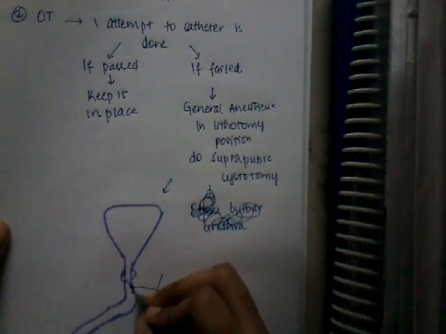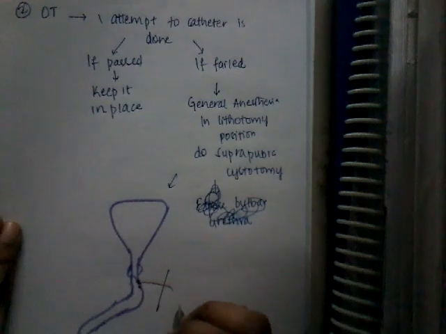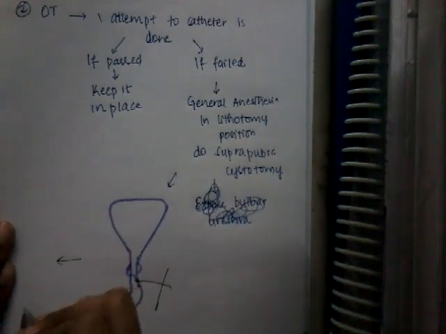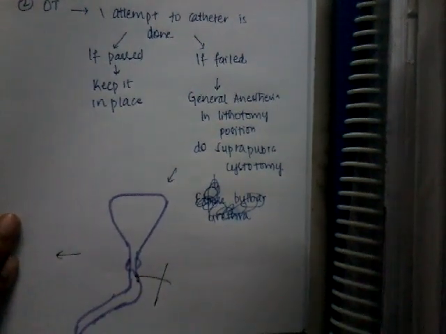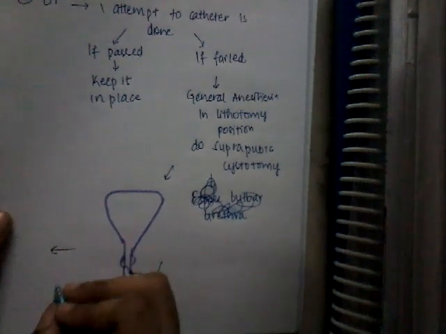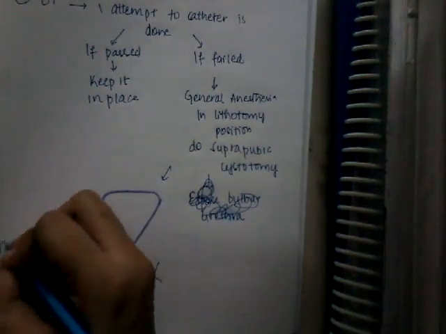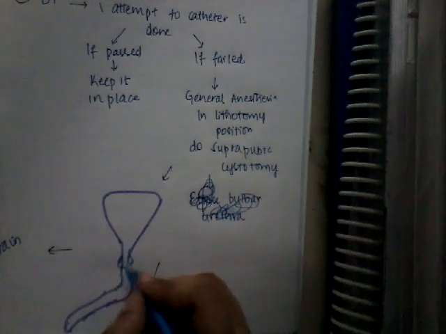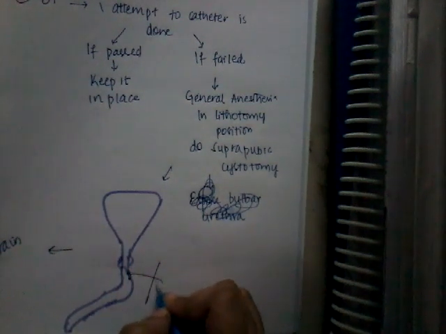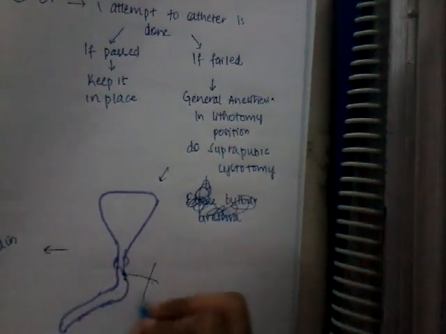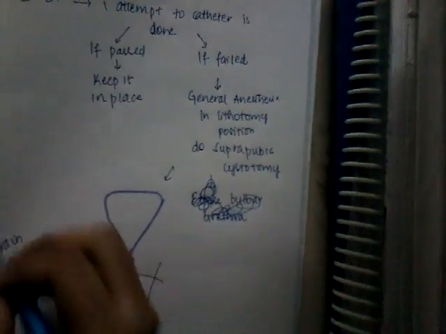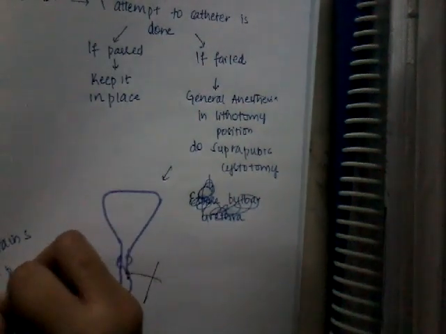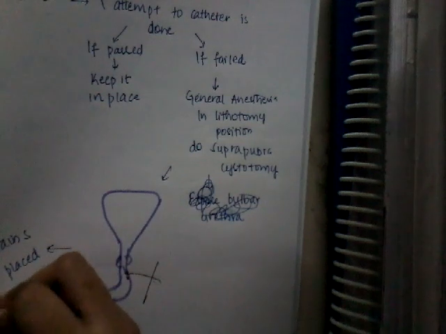Here there is a tear, so you will suture it. After suturing it, you will keep an indwelling catheter. So catheter is placed and then the drain is placed in the perineum, so that the urine comes out through the perineum.